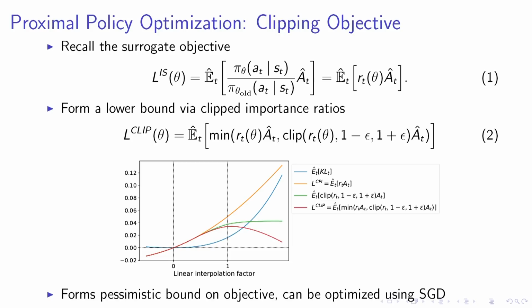But that itself wouldn't be exactly right, because then you wouldn't any longer be optimizing a lower bound or pessimistic bound on the policy performance. So what we do instead is write down a certain kind of element-wise minimum between the clipped objective and the unclipped objective. I'm low on time, so I'm not going to be able to explain it fully, but basically it's another kind of lower bound objective, which empirically works pretty well.